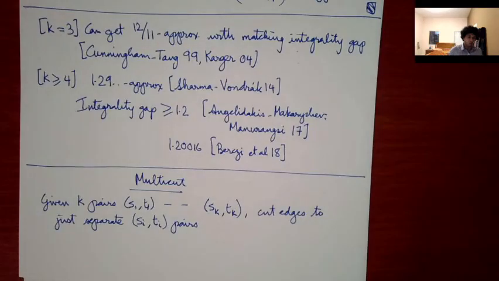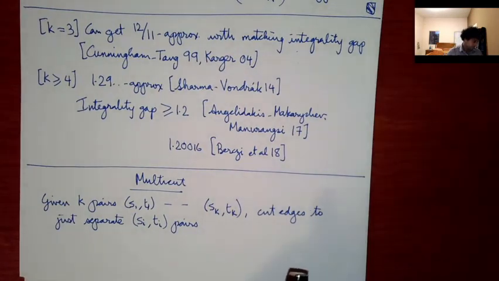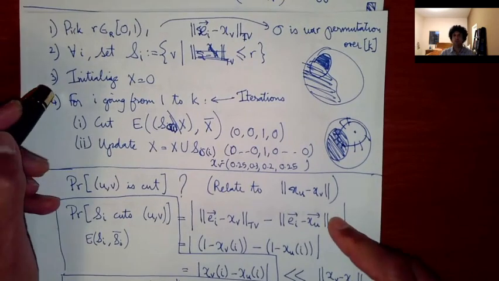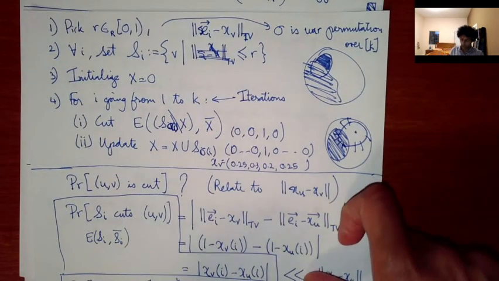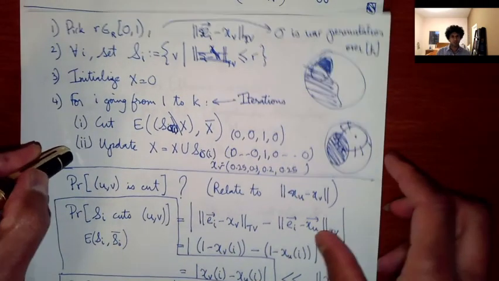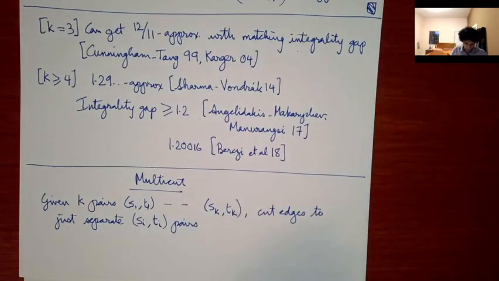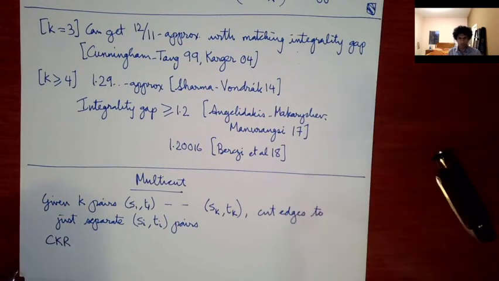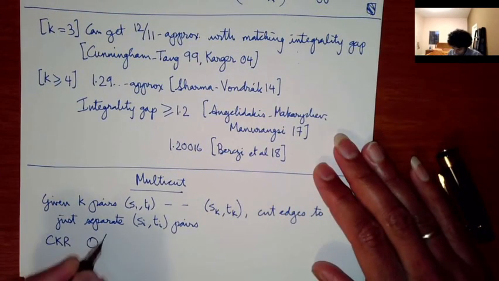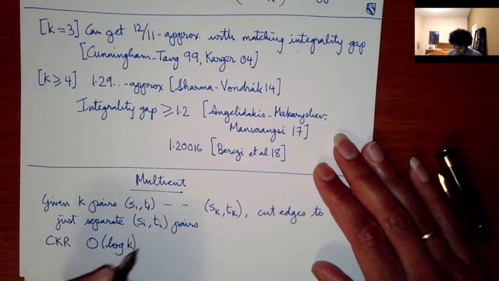And if you apply the same rounding scheme here with a similar analysis to what we did, but it's different because we're doing multi-cut, then, this is proven by CKR, but in a different paper, that this gives an O(log k) approximation.